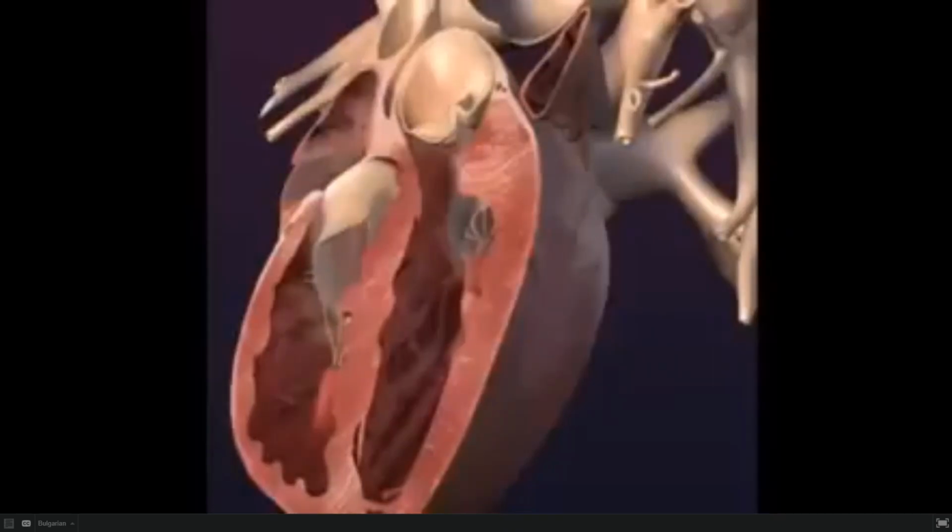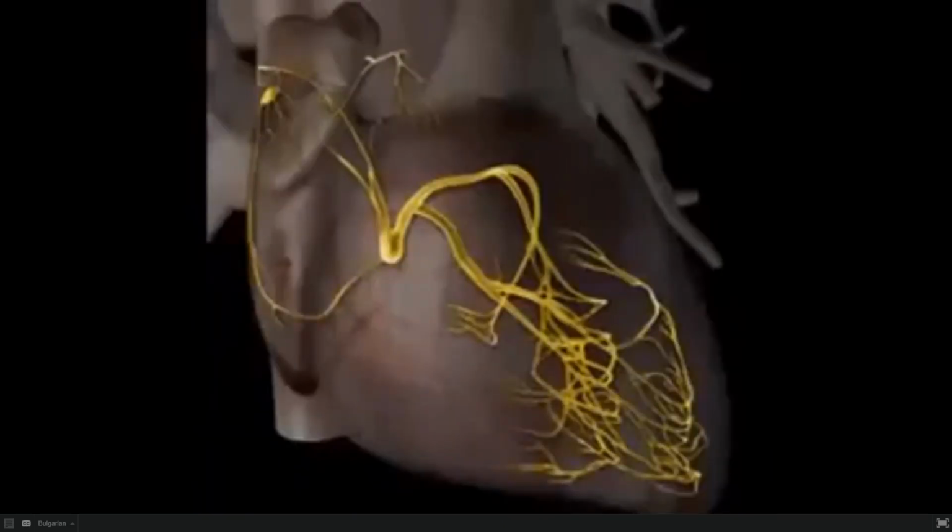Okay, then we go to picture 8. Pictures 8, 9 and 10 show you a 3D model of the autonomic nervous system inside your heart. The impulse is generated inside the sinus node, which is visible for you as the first node at the top left.